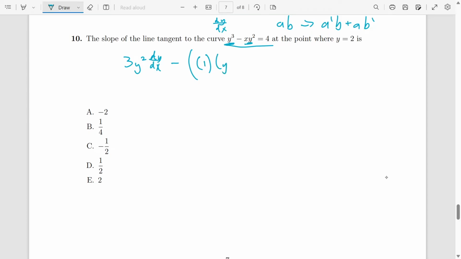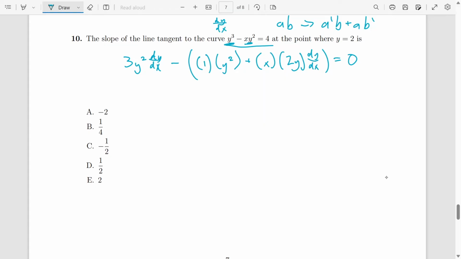So now we have b, y squared, plus a times the derivative of b, which is y squared, which is 2y, and we just took the derivative of a y, so we multiply this by dy over dx. And then that equals the derivative of 4, which is 0. So we've taken the derivative now.